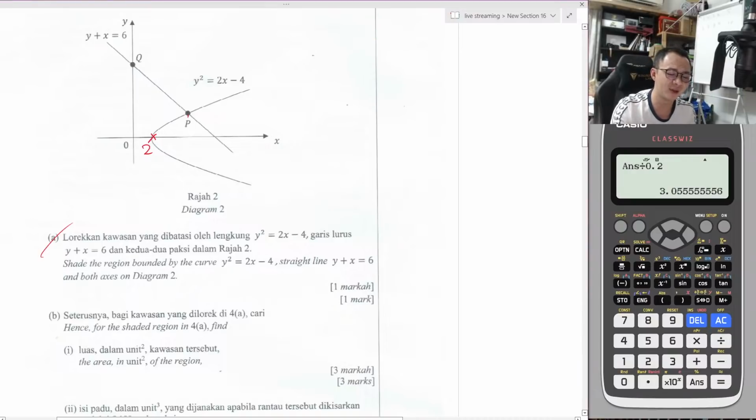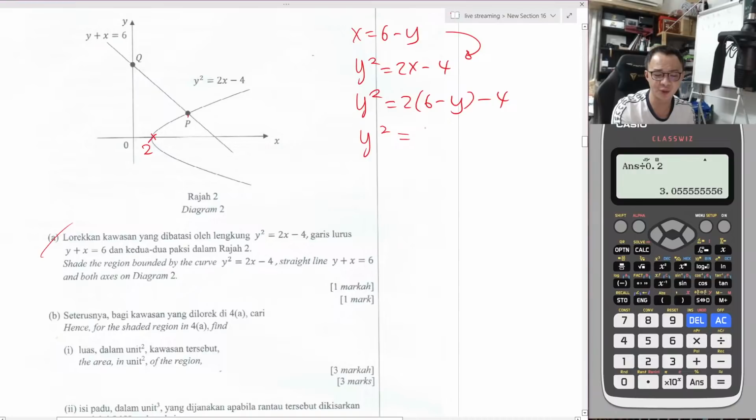And then I want to find the point P. I will sub both equations into each other. x equals 6 minus y, and y squared equals 2x minus 4. Sub in: y squared equals 2(6 minus y) minus 4. So y squared equals 12 minus 2y minus 4. y squared plus 2y minus 8 equals 0.